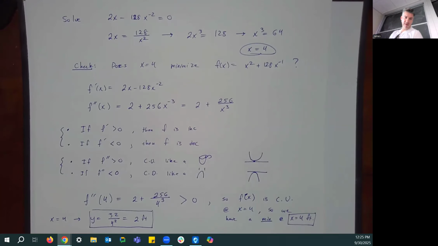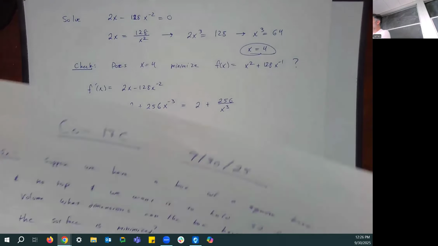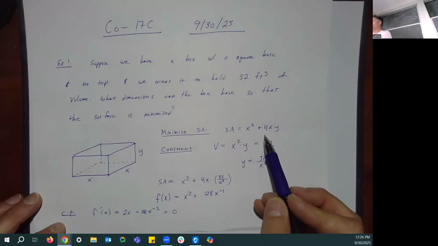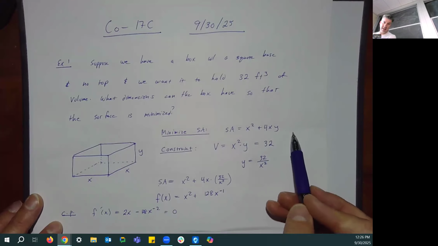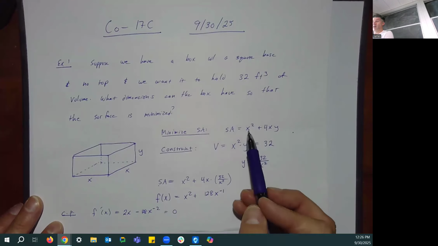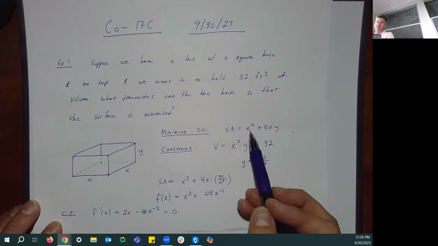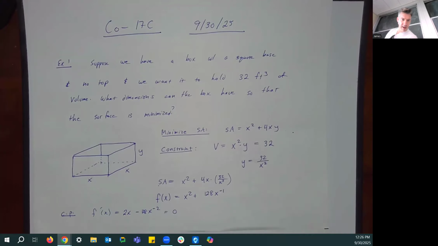The problem that he's given on his handout here is similar, but it's kind of the opposite way. So he's giving you a set surface area and asking you to find the dimensions that maximize the volume, I believe. Yeah. So similar-ish process, except in that process, you'll have the surface area equation equal to 6, and your surface area equation will have a 2x squared because the box is not an open box, right?